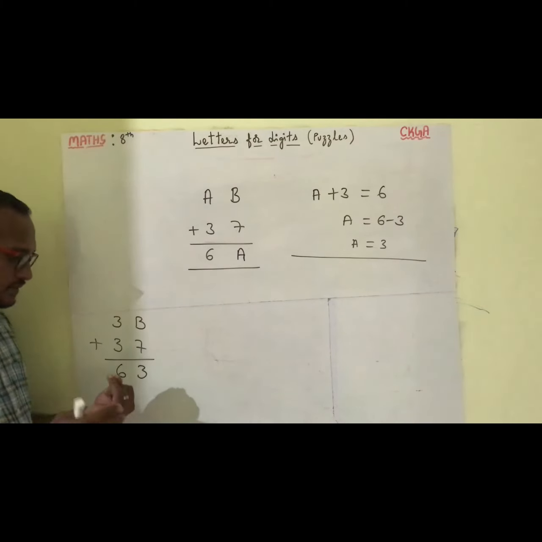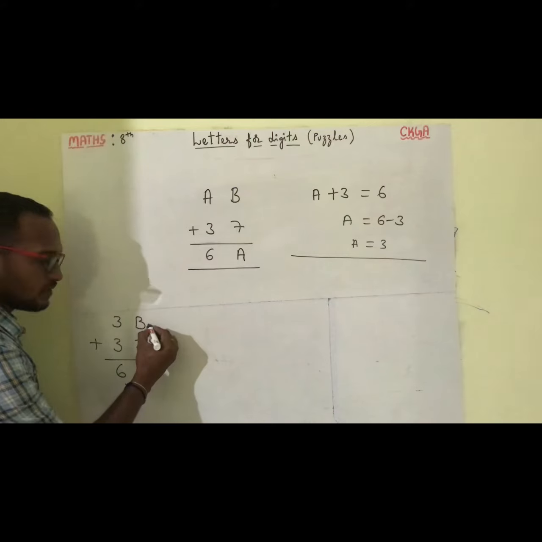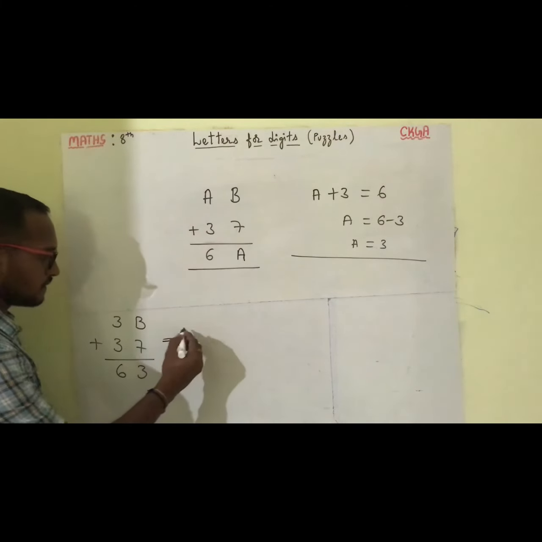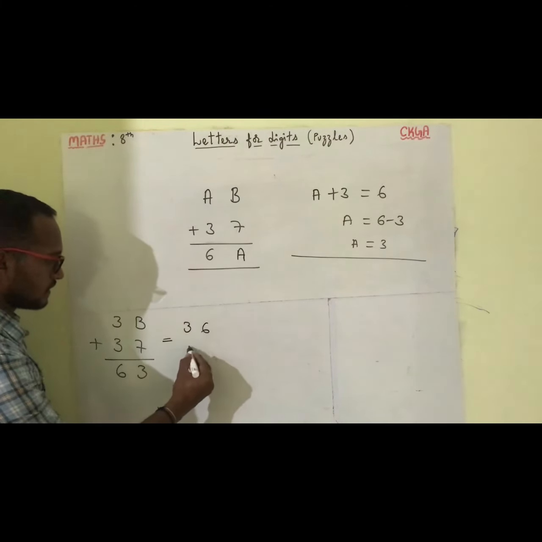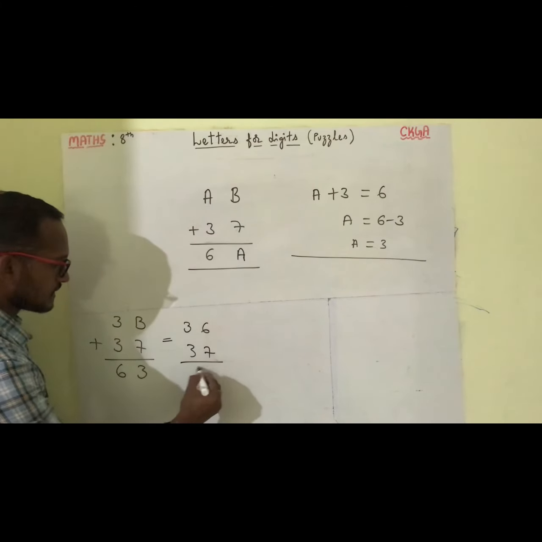So now I'll just try: 1 plus 7 is 8, 2 plus 7 is 9, 3 plus 7 is 10, 4 plus 7 is 11, 5 plus 7 is 12, and 6 plus 7 is 13. So the value of B could be 6, if you imagine. So 36 + 37 = 63.